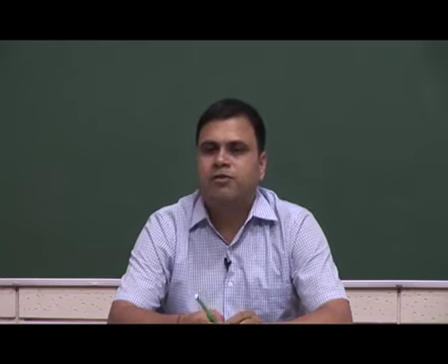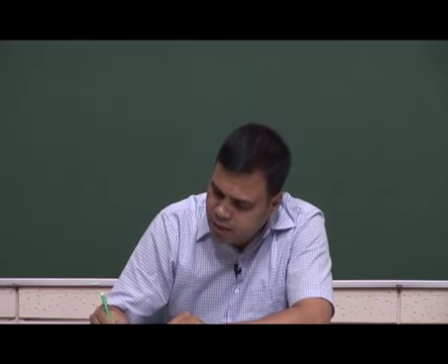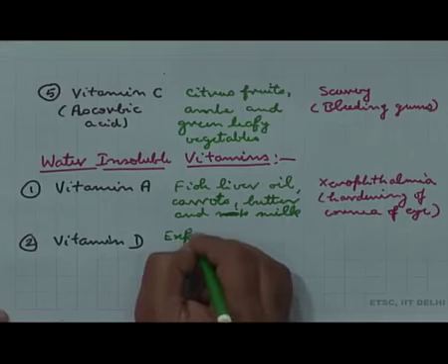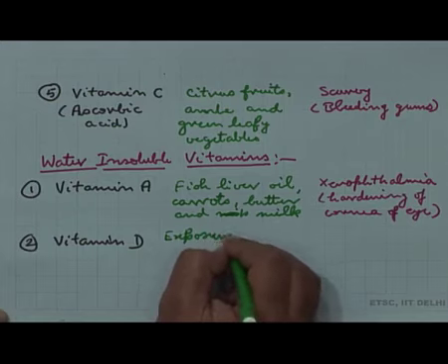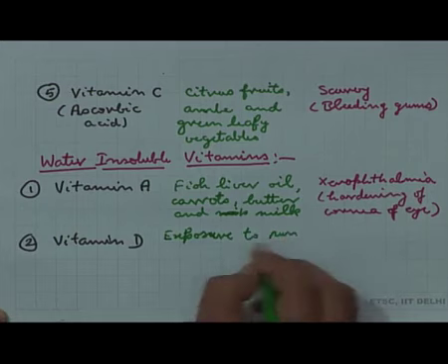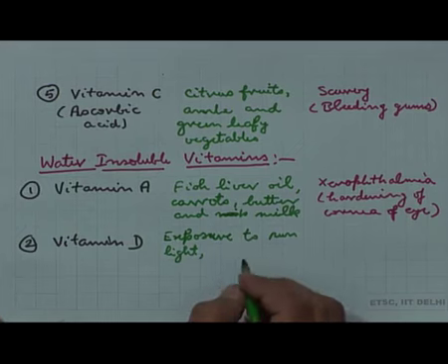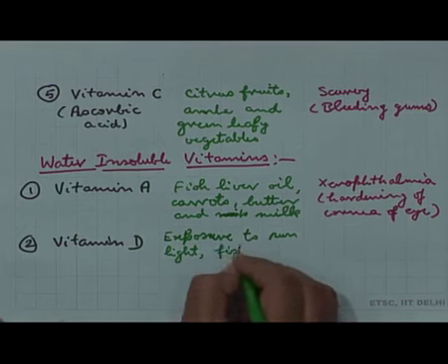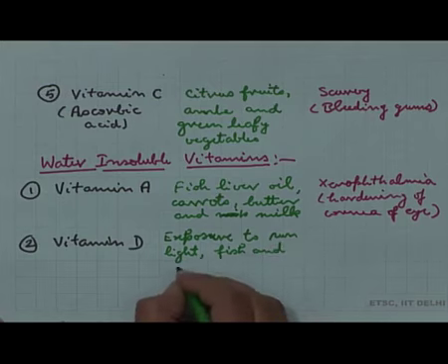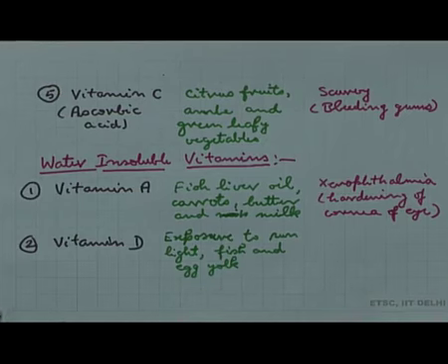If you want to synthesize vitamin D inside your body, you need exposure to sunlight. It is also found in fish and egg yolk.